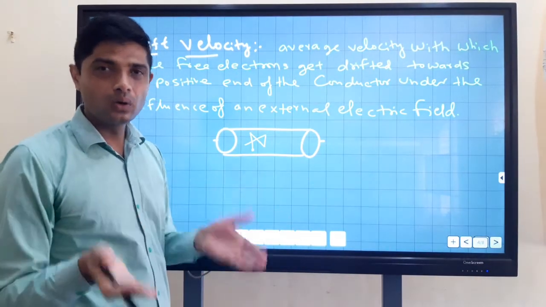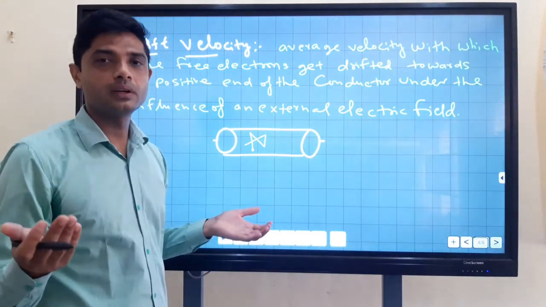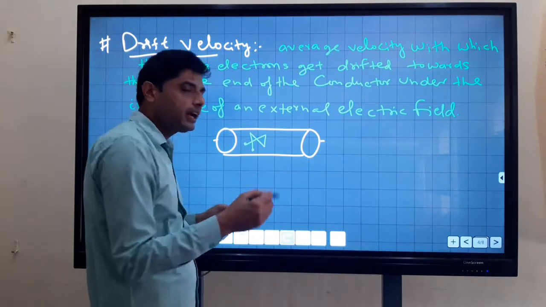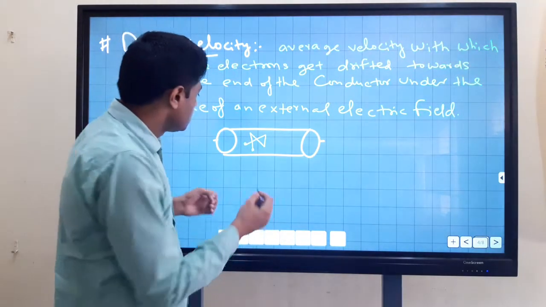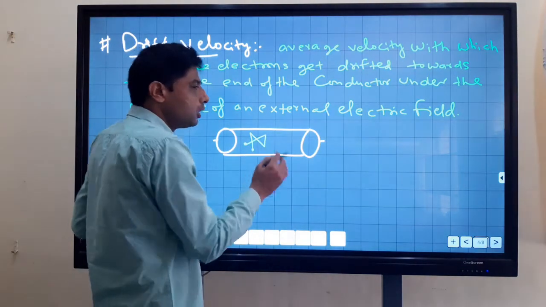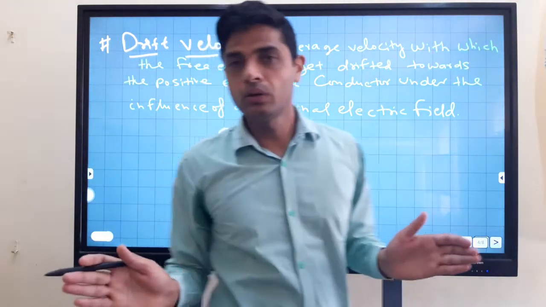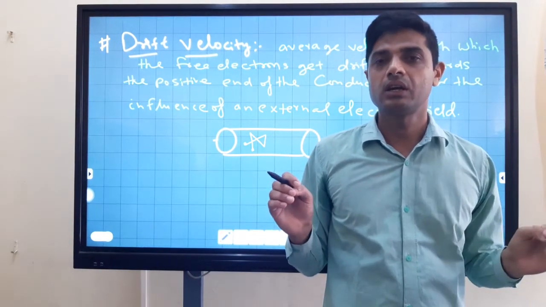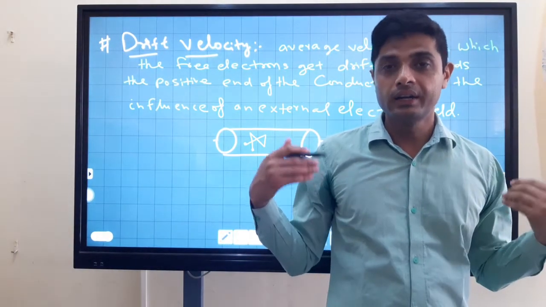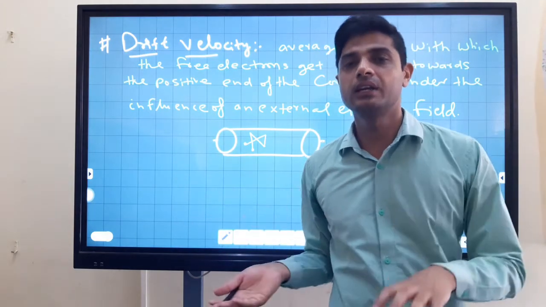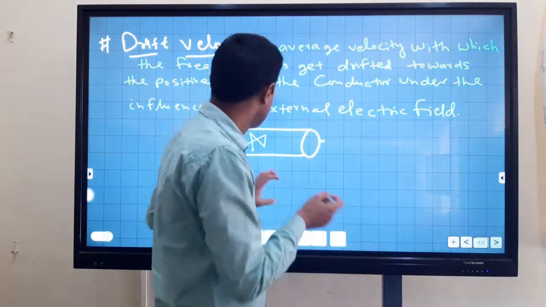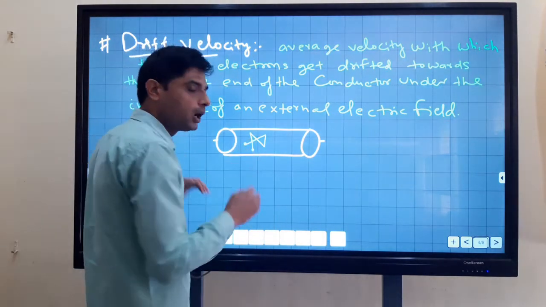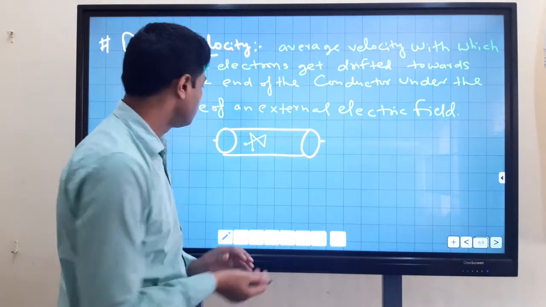When electrons get energy, they start to move, but the direction is not fixed. Electrons move randomly, zigzag, not in a particular direction.